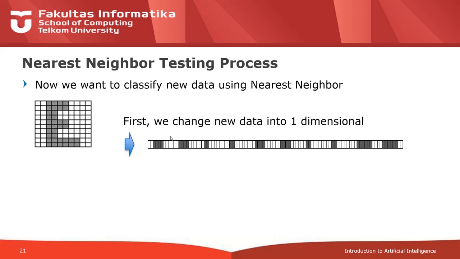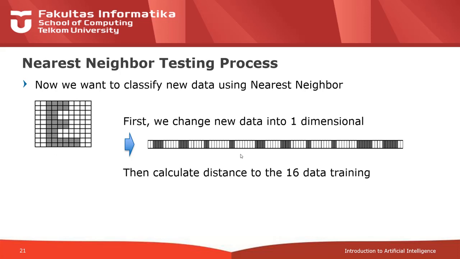First, we change the new data into one dimension, just like we do for the training data. Then we calculate the distance of this test data to each of the 16 training data. Which formula you use depends on you.